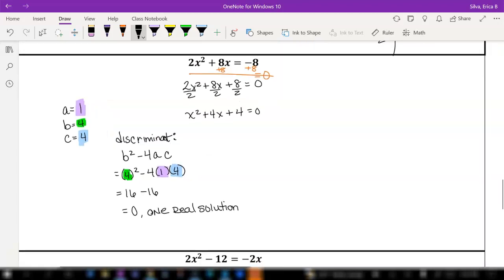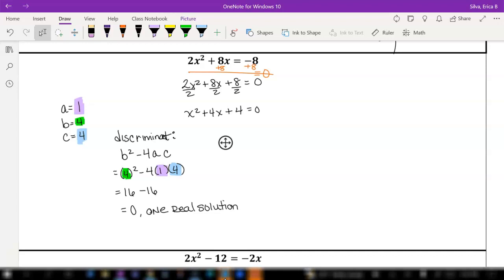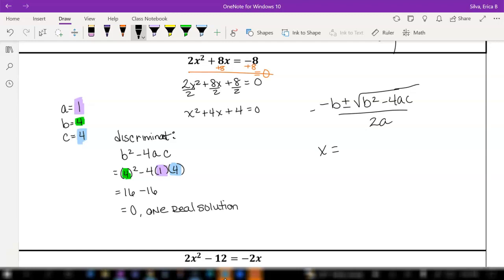So let's find that one real solution using the quadratic formula. It's minus b plus or minus square root of b squared minus 4ac. Okay, let's set it up. Minus b plus or minus.